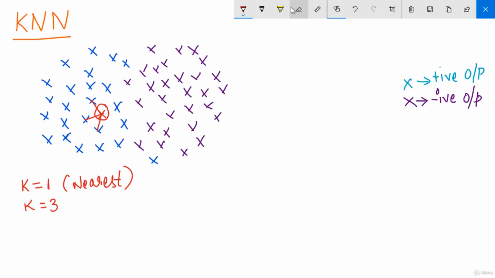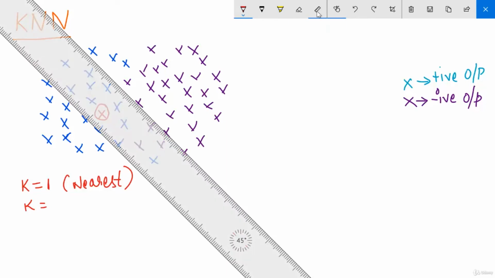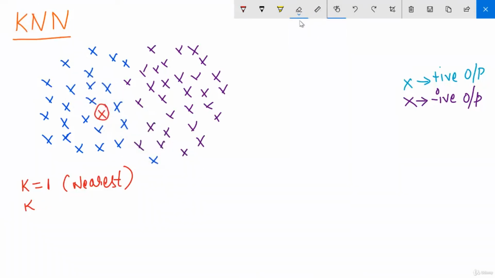But what if our point is somewhere else? Okay, alright, so k was 3 before.